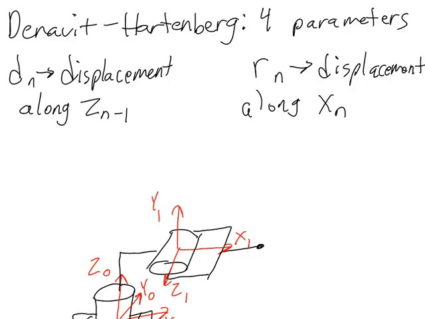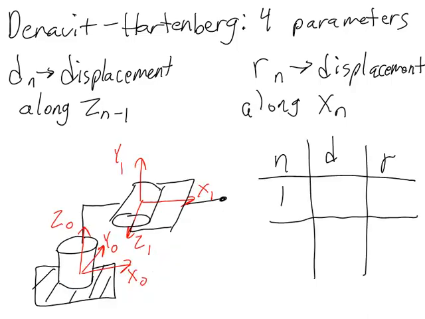Let's see what these two parameters are for our example kinematic diagram. Note that just like theta n was the joint variable if the joint is revolute, dn is the joint variable if the joint is prismatic.